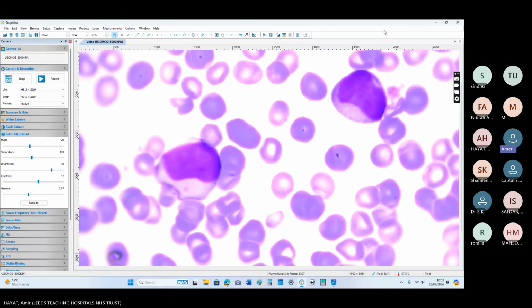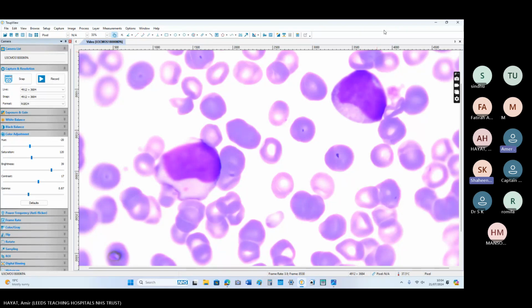According to the BSH guideline, standard of care is either DA or FLAG-Ida, but depending on CD33 or FLT3, you will choose Mylotarg. Okay. And then after 2 cycles of DA, you will give her 2 cycles of high dose cytarabine. Is it an intermediate dose, or it is a high dose?